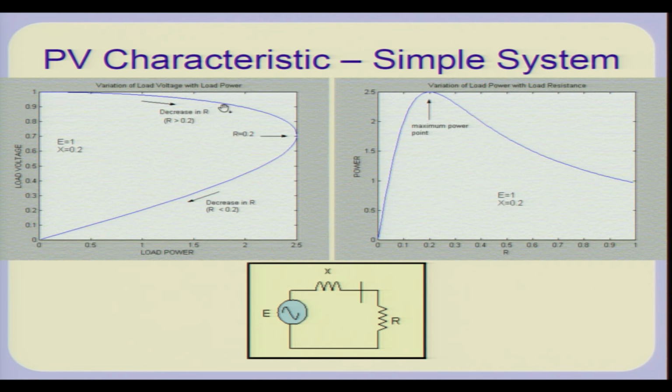But as R comes closer to X, a point comes where the drop in voltage is very precipitous, and V square by R starts reducing, despite the fact that you are reducing R. So, reduction in R does not imply increase in load if you cross this point.